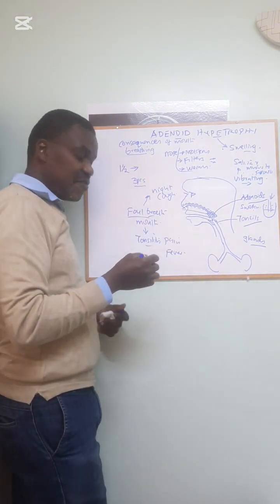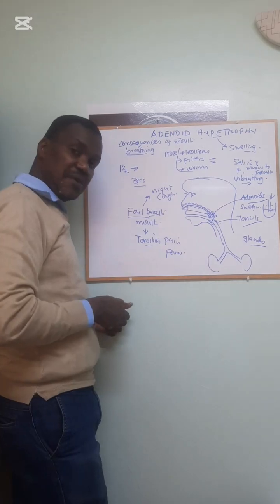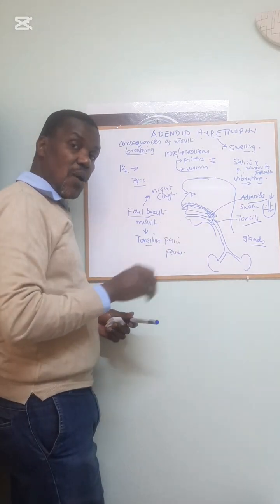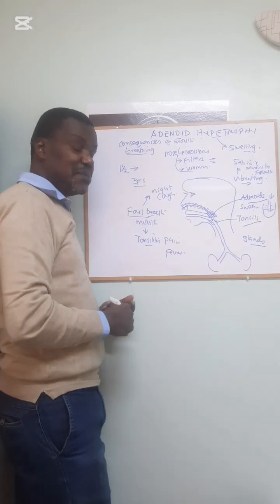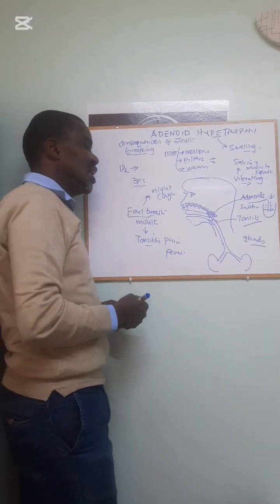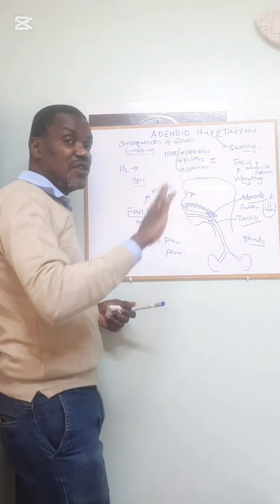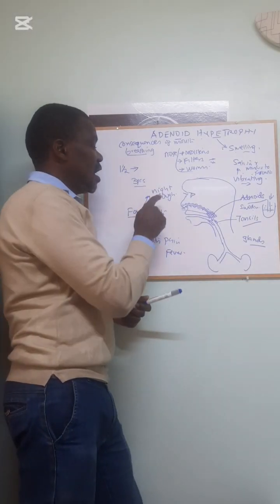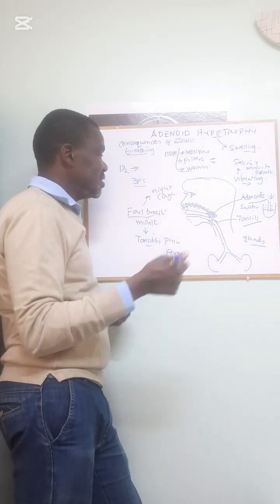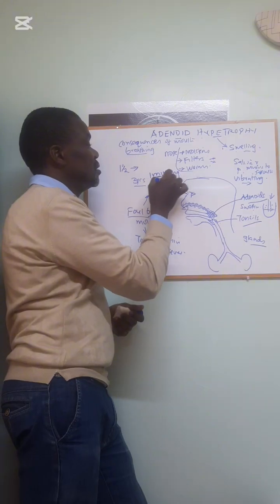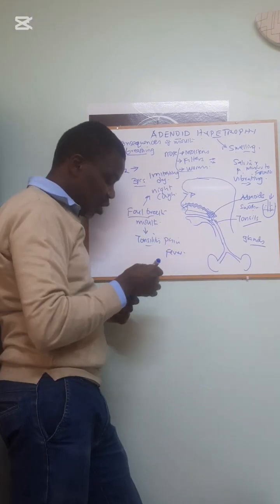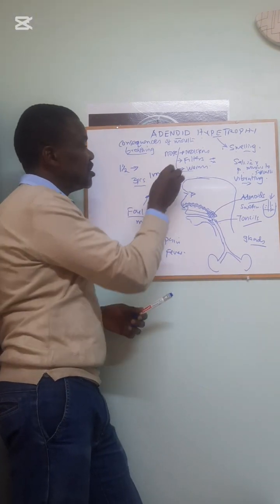Just when they have started sleeping, 1 hour after, they start developing a night cough, especially at around 11, 12 a.m. all the way to about 3, 4 p.m. And usually an irritating, dry night cough.